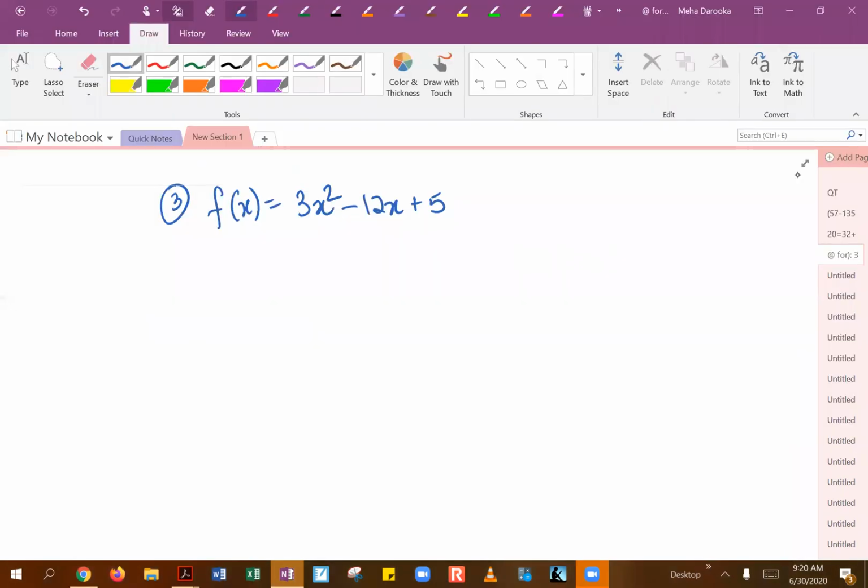And to find the vertex of this parabola, we are going to use the equation x equals negative b over 2a. Now remember, this is your a value here, this is our b, and this is our c.